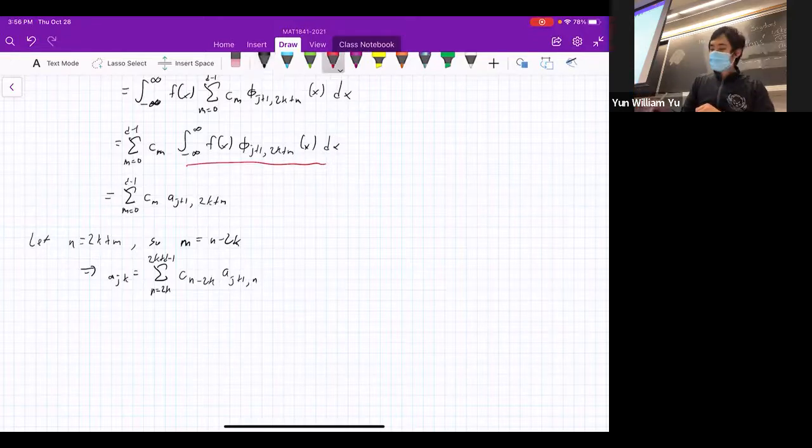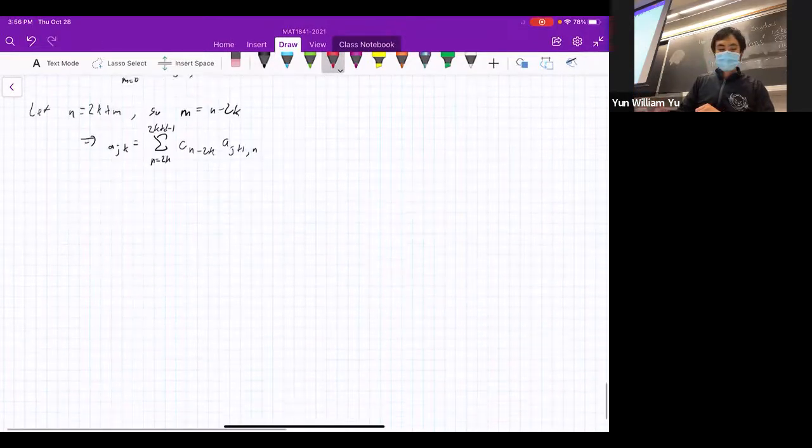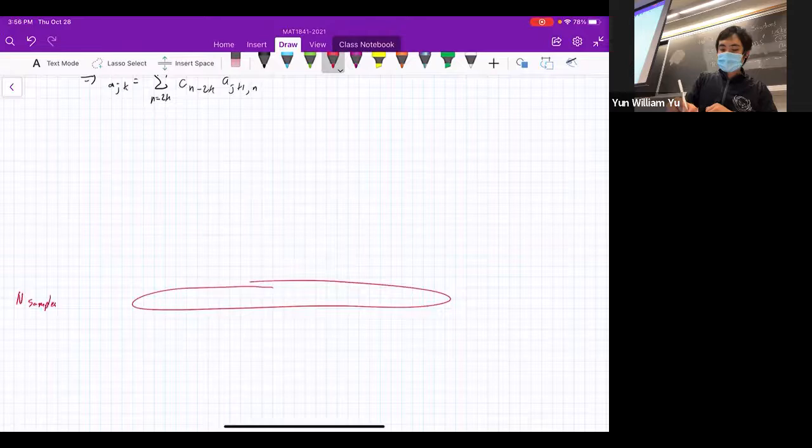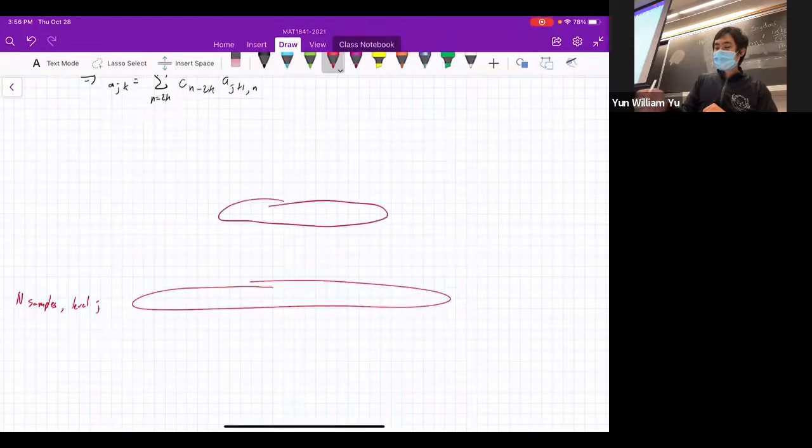Well, if you think about it, I can just write this down here. We have some vector. Let's say we have n samples at level j. At the level above it, you have half as many samples, so you have n over 2 samples at level j minus 1.